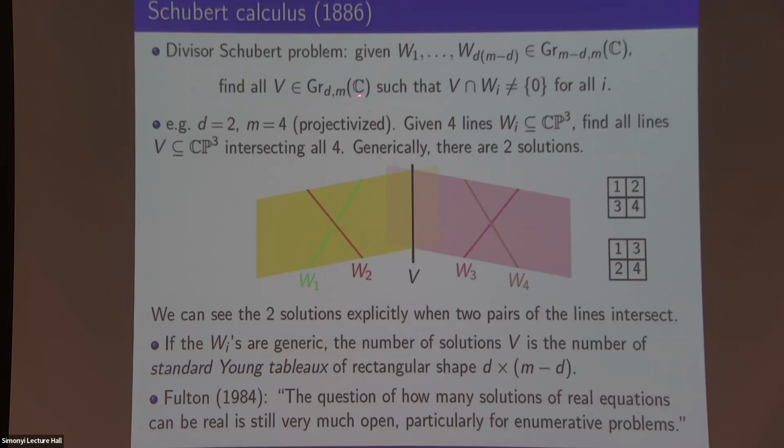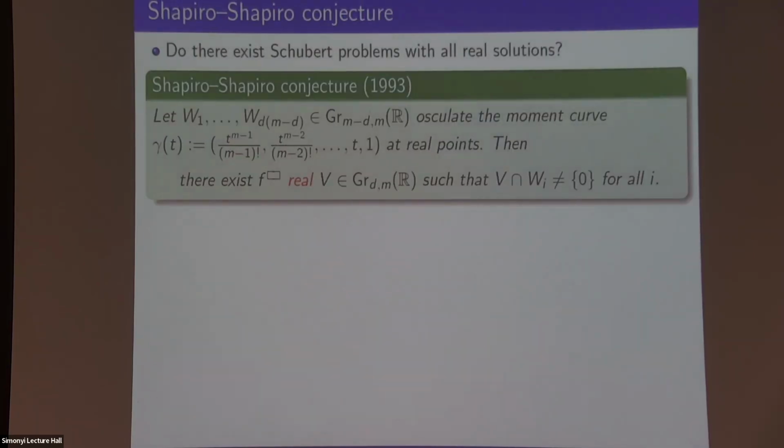For example, do there exist Schubert problems where all the solutions are real? In the 90s, the Shapiro brothers, Boris and Misha, came up with a beautiful conjectural answer. They were actually motivated by total positivity, but in any case, this gives an answer to Fulton's question.